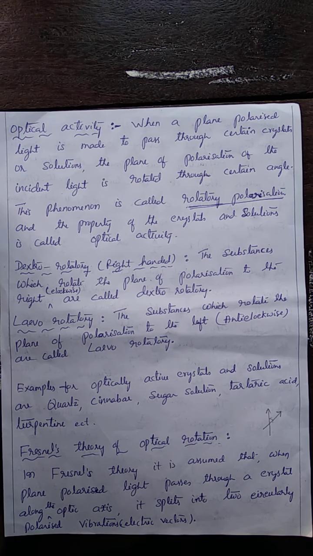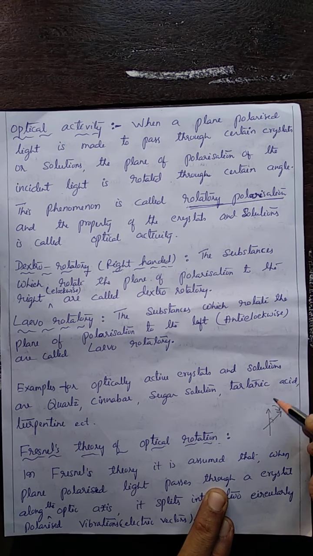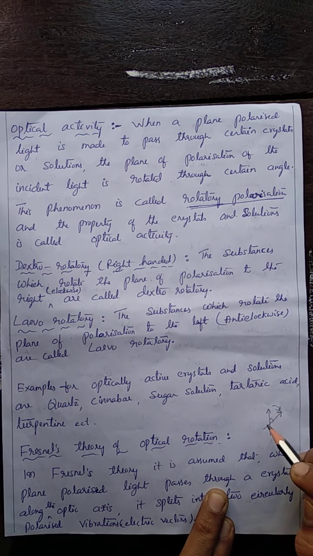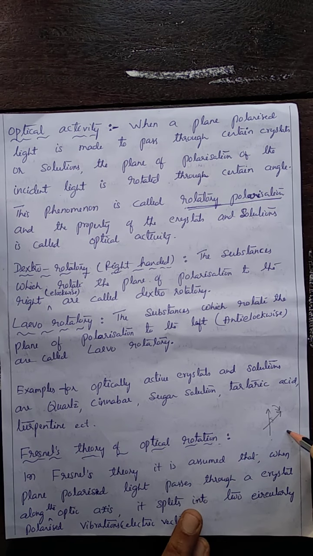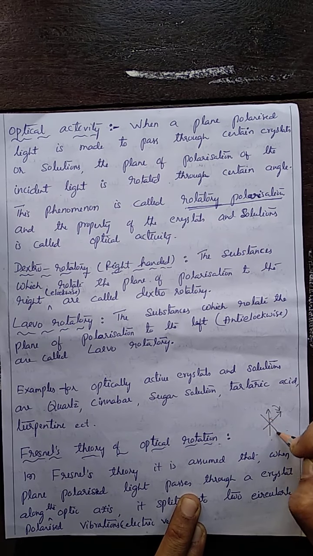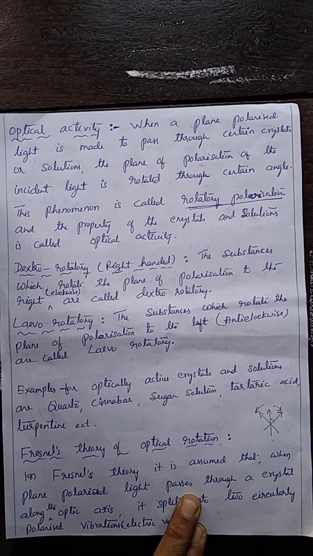That phenomenon is called optical activity. Certain crystals rotate the plane of polarization to the right, or in the clockwise direction. Certain crystals or solutions rotate the plane of vibration or plane of polarization in the clockwise direction. Such crystals are called dextro-rotatory or right-handed. Certain crystals rotate the plane of polarization to the left, in the anti-clockwise direction.